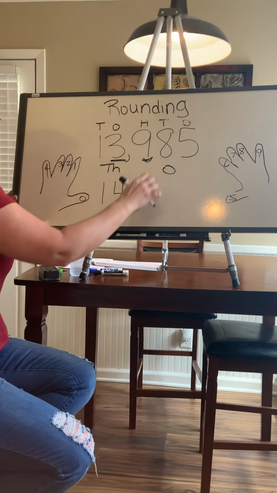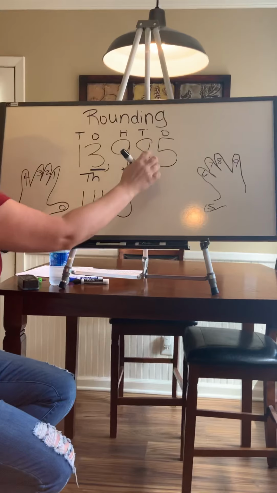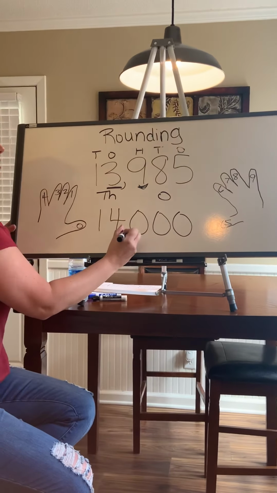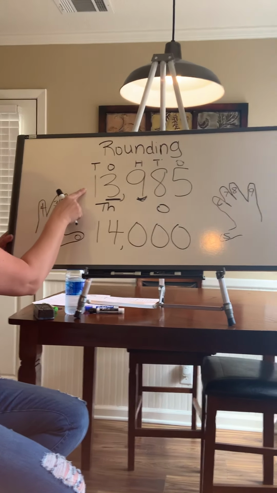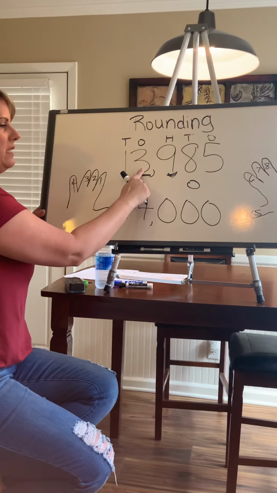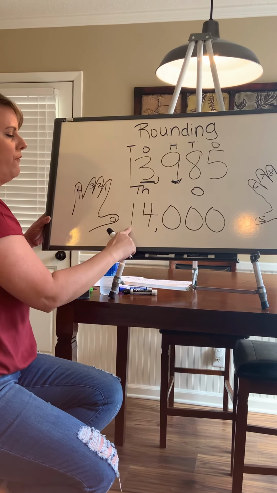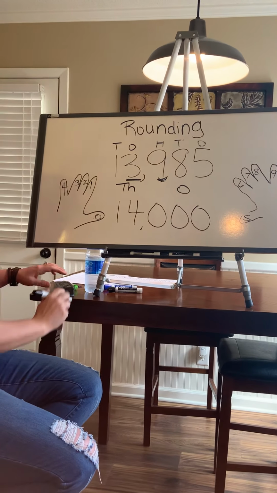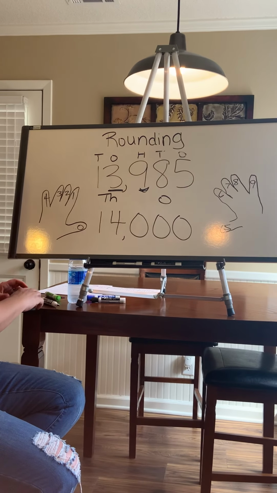So this 9 turns to a 0, this 8 turns to a 0, this 5 turns to a 0. So 13,985, when rounded to the nearest 1,000, rounds to 14,000. Okay, we'll try another one.